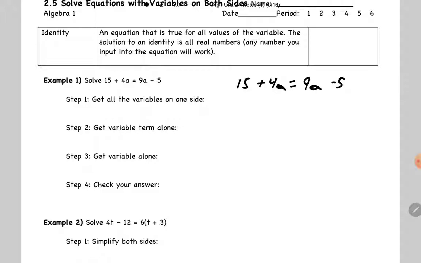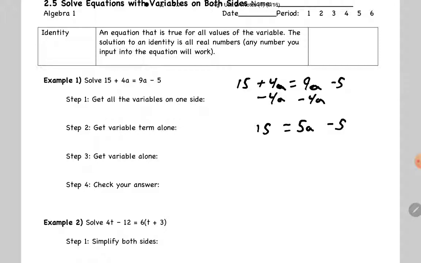I have a positive 4a here, so I'm going to use the opposite or the inverse operation, minus 4a. What I do to one side, I must do to the other. So now I have 15 equals 9a minus 4a is 5a, and then we have the minus 5 from before.